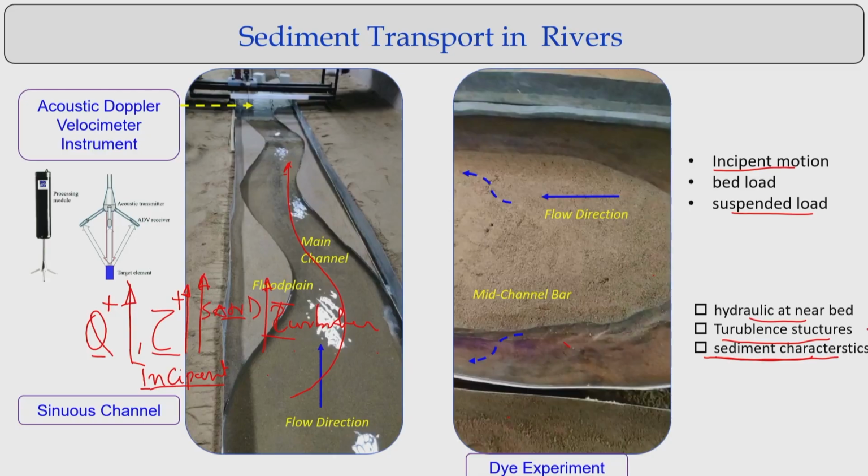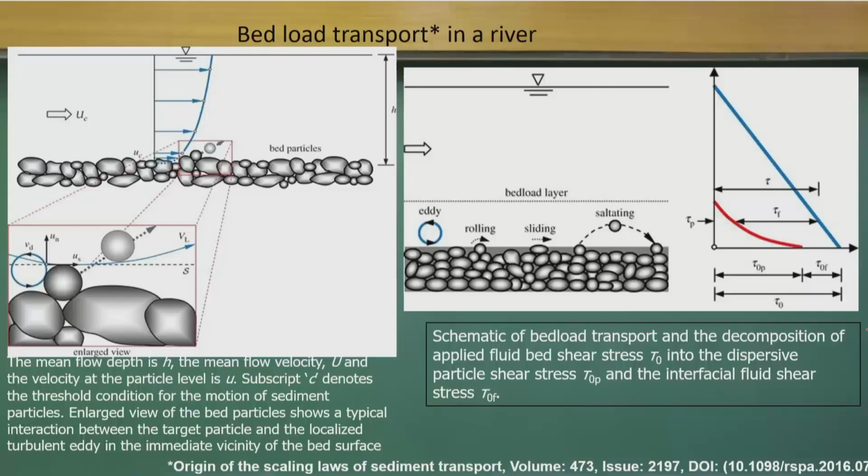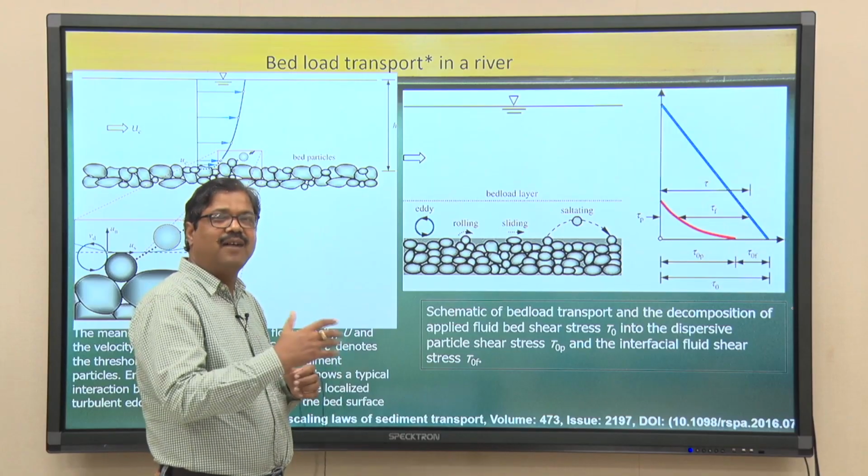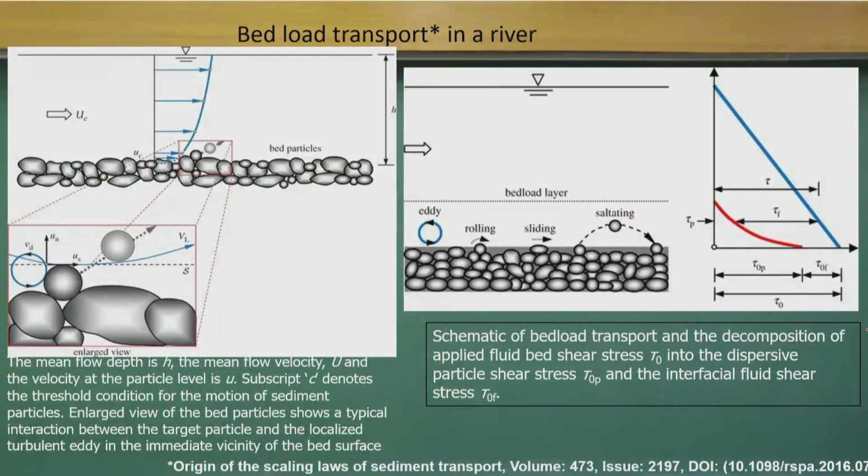Now, if I go to the very microscopic level, let the capital U_c be the flow velocity coming in, with flow depth h, over the bed material, which is heterogeneous, mixed bed material with bigger and smaller sizes. This is the logarithmic velocity distribution for a turbulent flow.